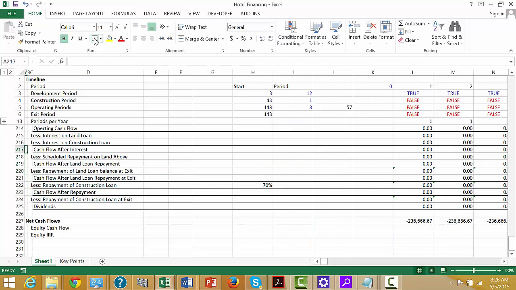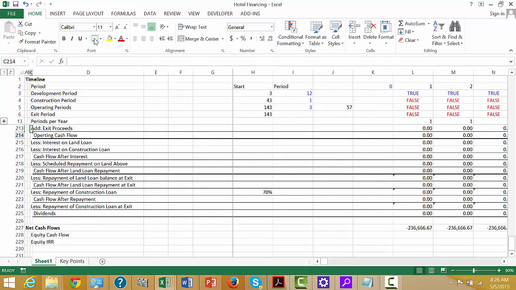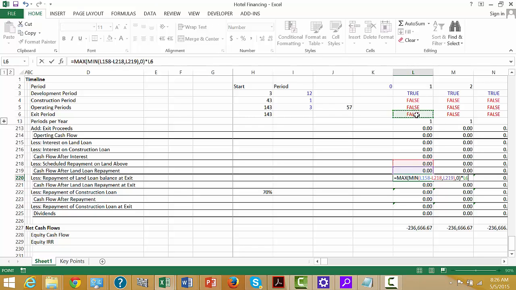Did I really not do that? Okay, I didn't. I can pretend that I didn't do that. But this, of course, would have to be multiplied by the exit period, and this would have to be multiplied by the exit period.